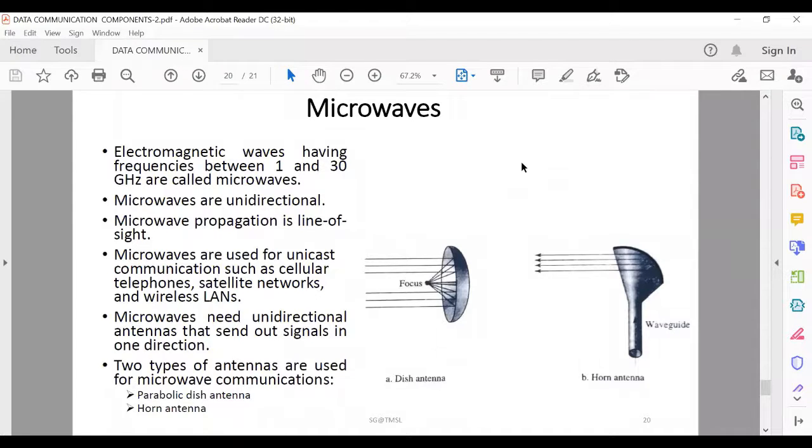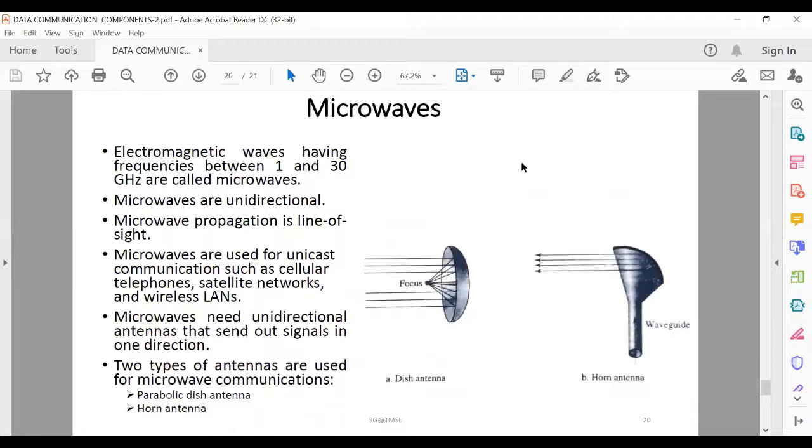That means that the sending and the receiving antennas need to be aligned. And this unidirectional property has some advantage. A pair of antennas can be aligned without interfering with another pair of aligned antennas.